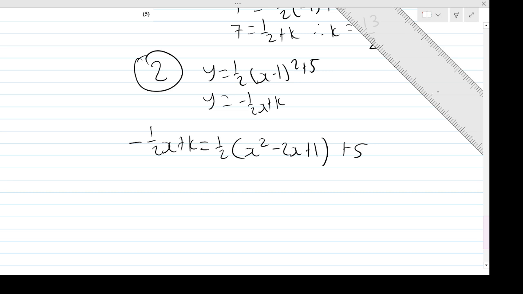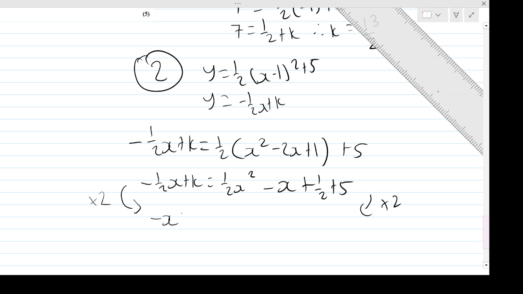So if we expand the half out, we're going to get minus a half x plus k is a half x squared minus 2 times a half, which is just minus 1, so minus x plus a half, add 5. Actually, what I can do then is times the equation by 2 just to get rid of the fraction.